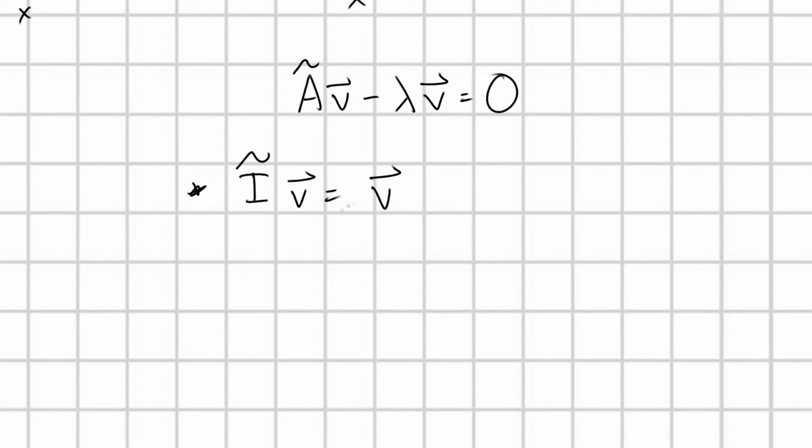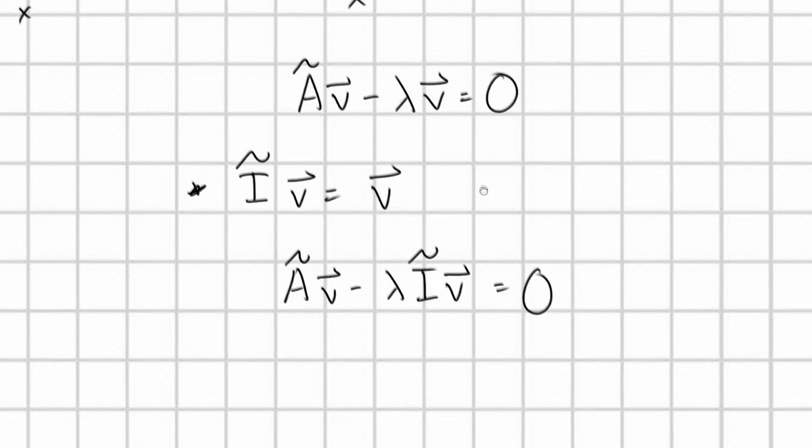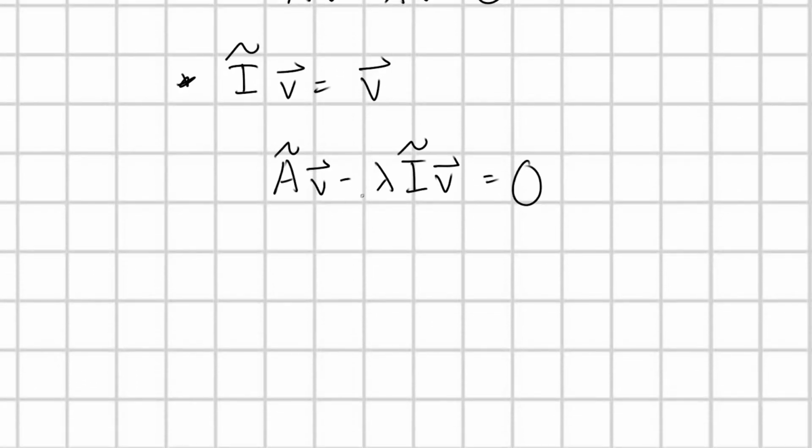So I can rewrite this equation as AV minus lambda times IV, which of course equals 0. Now this is really nice because I can take out A, lambda, and I: A minus lambda I, and all of this acts on V, and this is equal to 0.